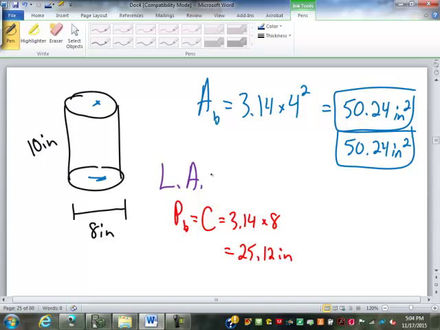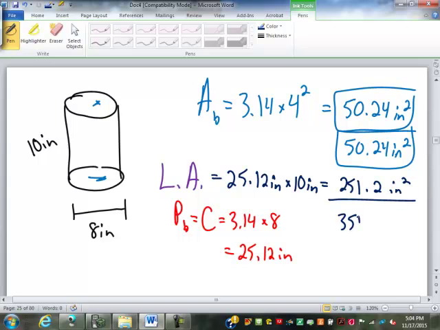So my lateral area is the perimeter of the base, 25.12 inches, times the height of 10 inches, or 251.2 inches squared. So this adds up to 351.68 inches squared is my total surface area.